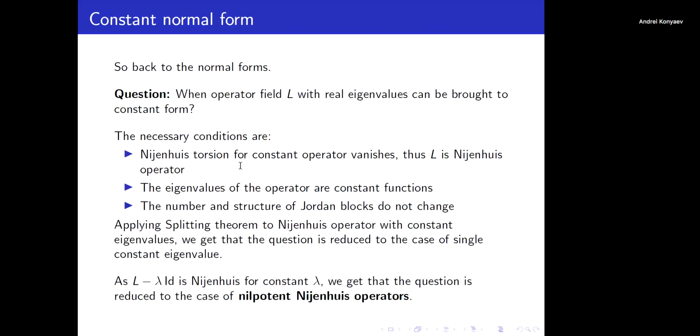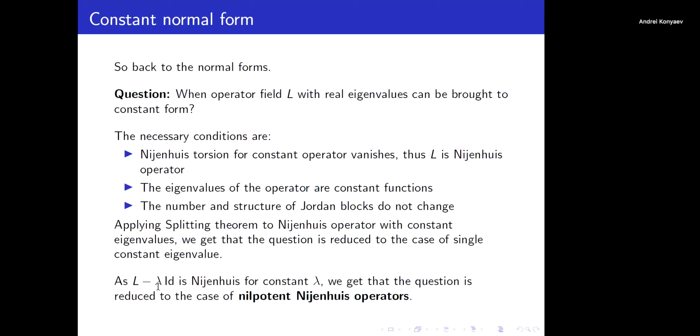Applying the splitting theorem to an operator which satisfies conditions 1, 2, and 3, we get the following. Our operator splits into operators with a single eigenvalue. As the eigenvalue is constant, L minus lambda identity is also a Nijenhuis operator. In general it's not, if lambda is not constant, but in our case it is.